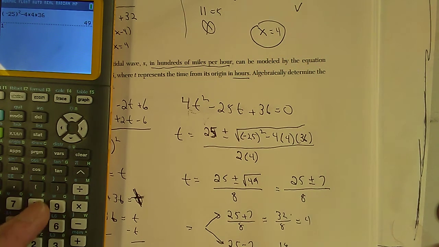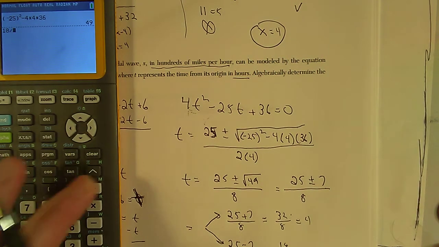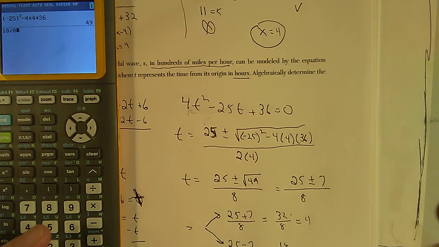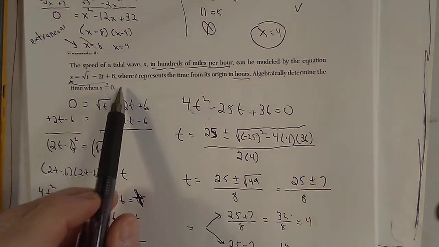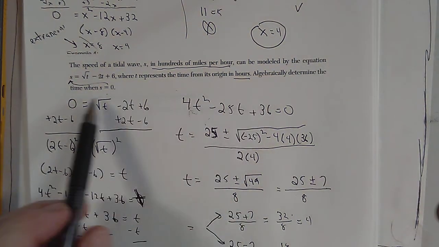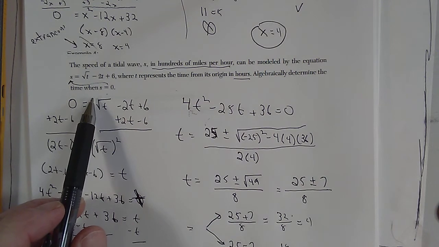Let's see, 18 divided by 8, 2.25. Right, when S equals 0, we get two values.